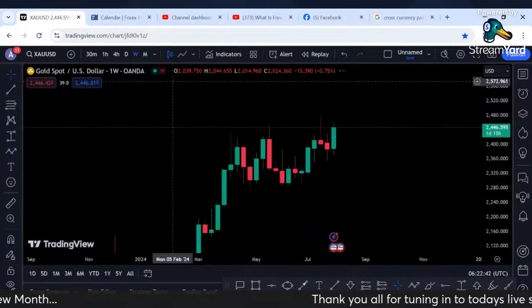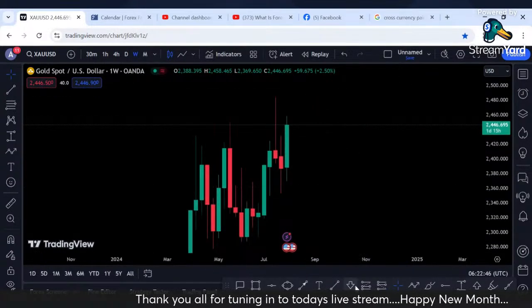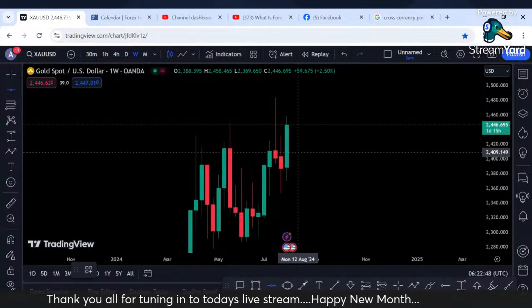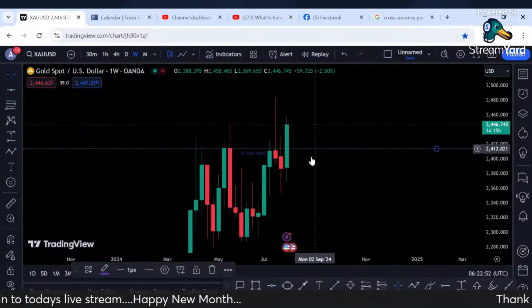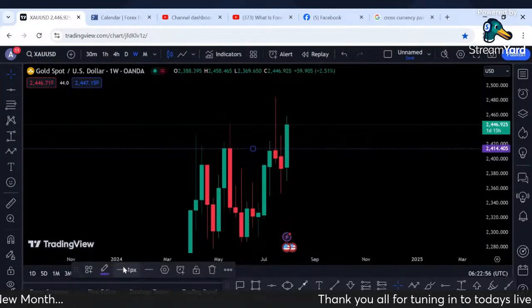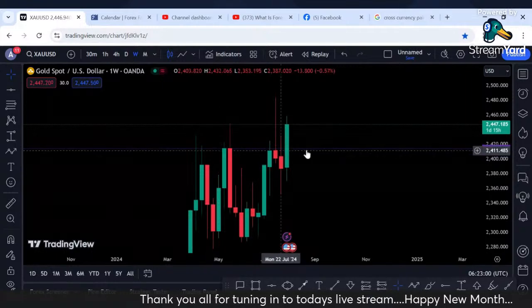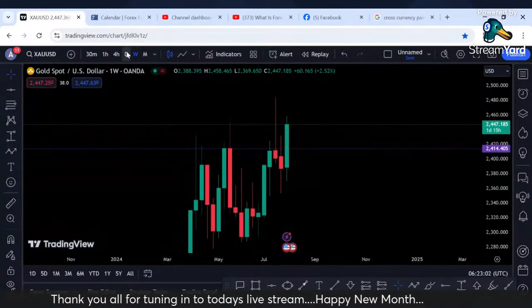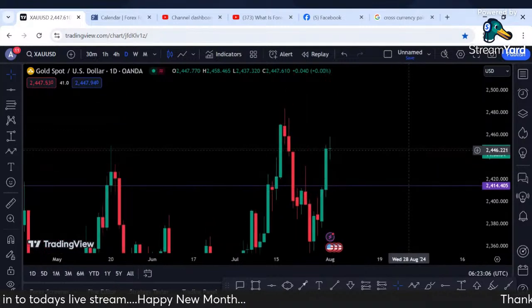So when you move to the weekly time frame, you first of all identify your areas of interest. So this was a support. So we are now going to check a focus time frame.